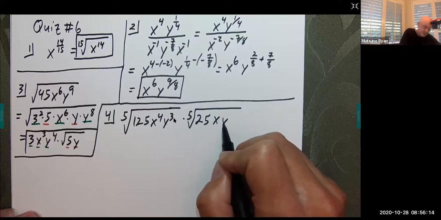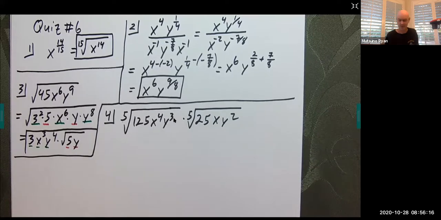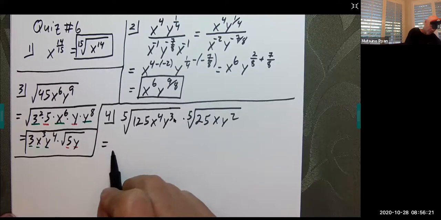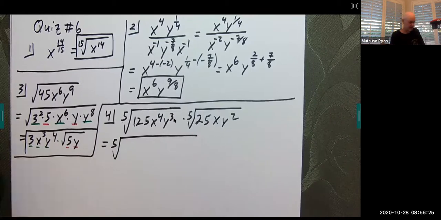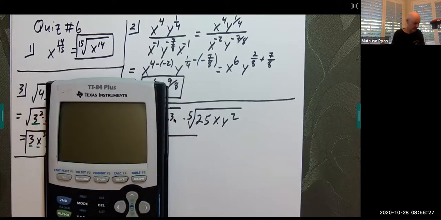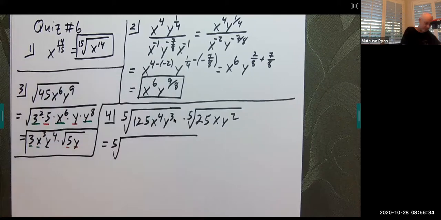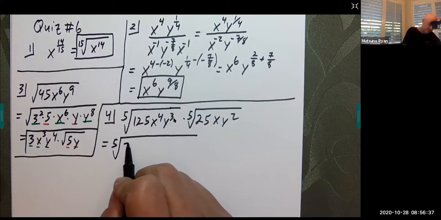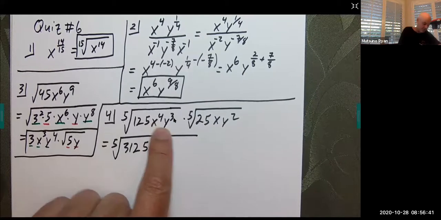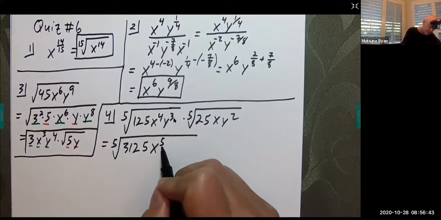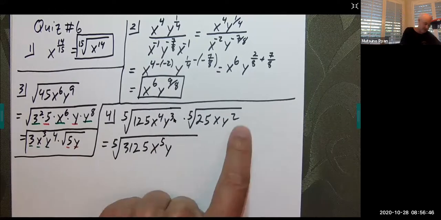And I'm going to note that I can make one giant fifth root radical. 125 times 25 is 3125. X, I'm going to add the exponents. 4 plus 1 is to the fifth power. 3 plus 2 is to the fifth power.